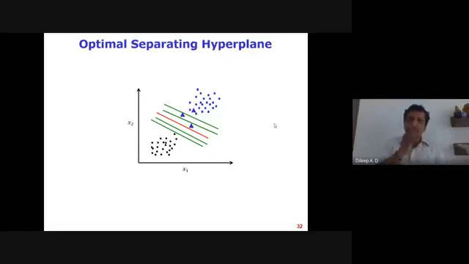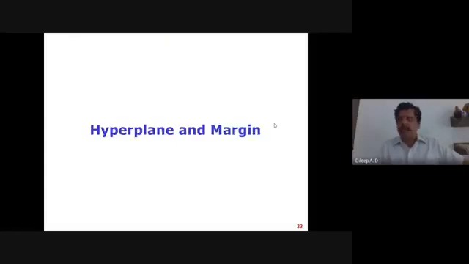The perceptron learning algorithm does not guarantee the optimal separating hyperplane. This is the motivation to go to support vector machines, which guarantee the optimal separating hyperplane that separates the regions of the two classes. This is the main motivation for going for the support vector machine.